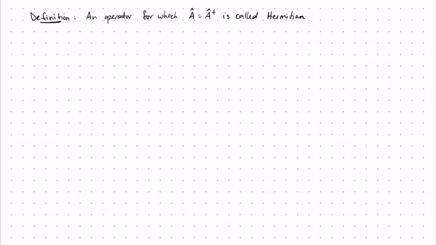In practice, what this means, if you have an operator that is equal to its adjoint, is more or less that you can apply the operator either to the right or to the left at your own whimsy. That ends up being really useful. But it also has some other really useful properties that we will be using later on. In particular, we will see that all operators that correspond to observables, anything that you could measure in real life, correspond to a Hermitian operator.